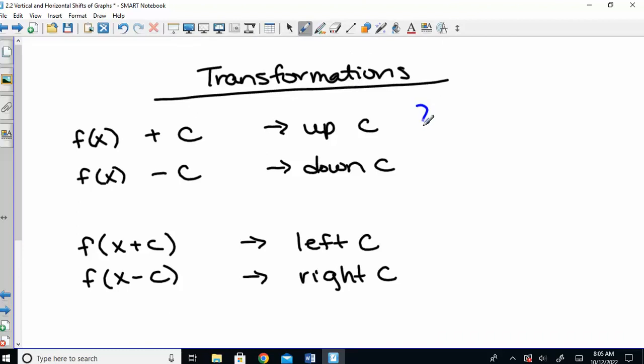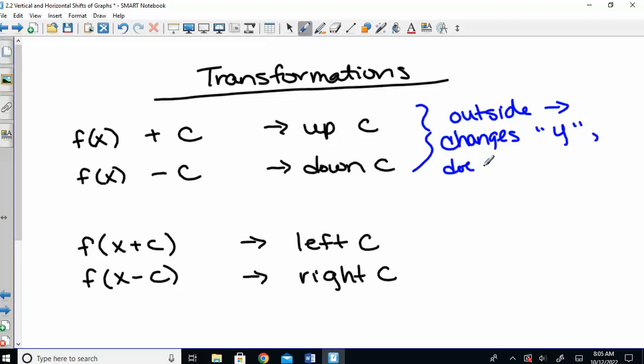So in general, what I always stress when we're doing transformations, anything on the outside changes y, and it does what it says. I think y-axis, that's up and down, so adding goes up, subtracting goes down. The inside value, it's changing your x, and it does the opposite of what it says.